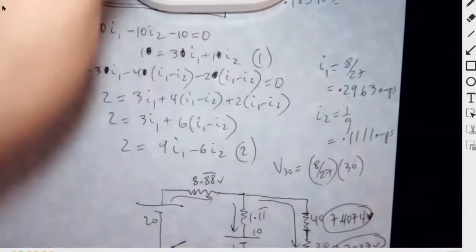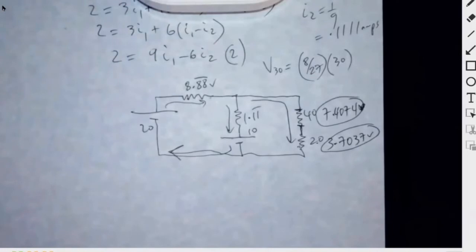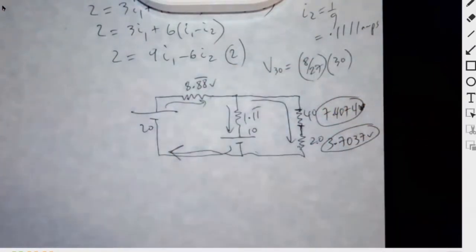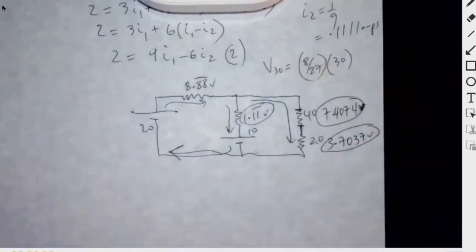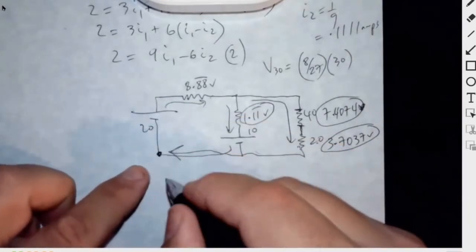Okay, so now after you get the answer and you draw the voltages, one way to check is to go around any of the loops, and the voltages that you gain and lose should add up to 0. So if I start here, I go this way, I gain 20 volts.